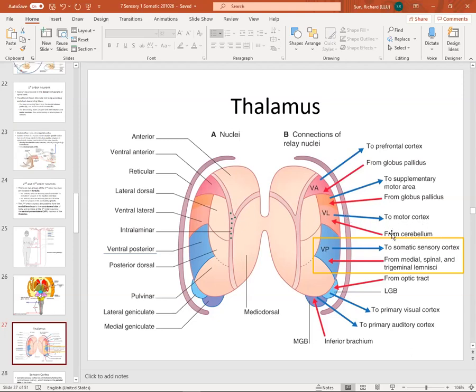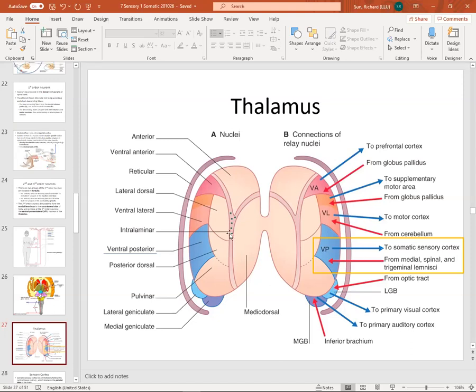Later we will talk about the cerebellum. And here are signals from different other regions. This is from the globus pallidus, from the basal ganglia. This one from the optic tract, the lateral geniculate body, receives the visual signal. This one, remember, is from the auditory signal.